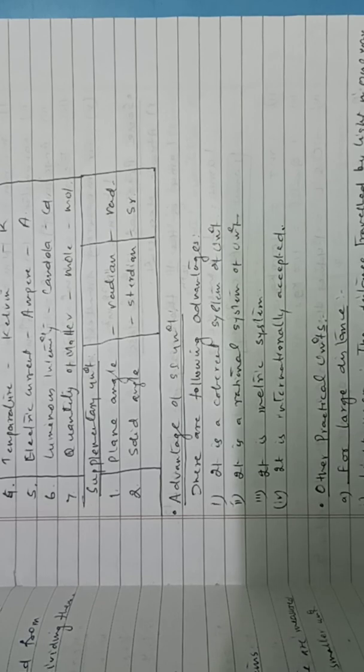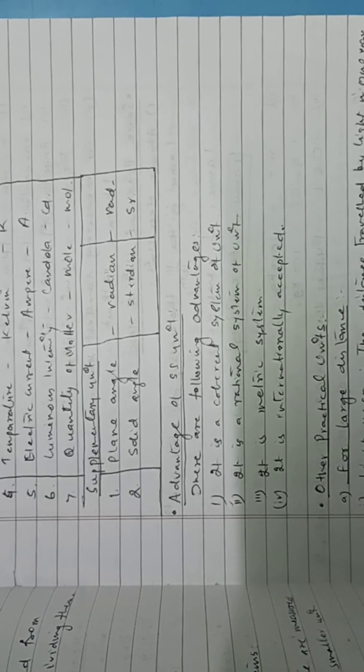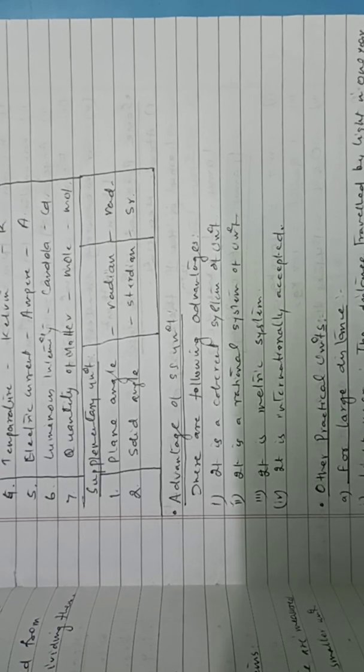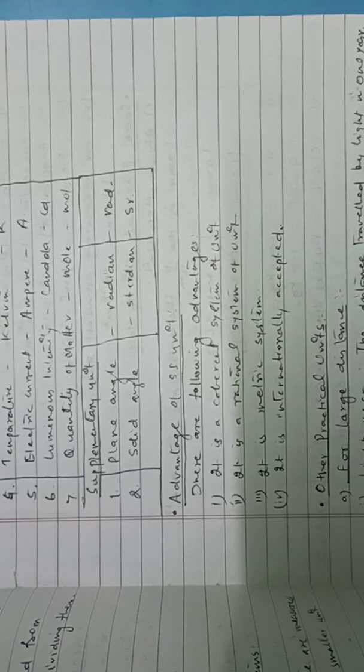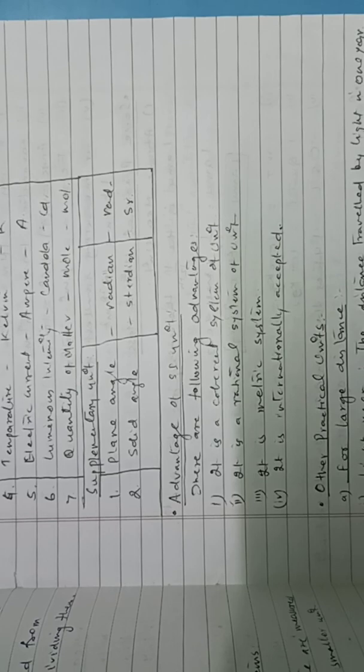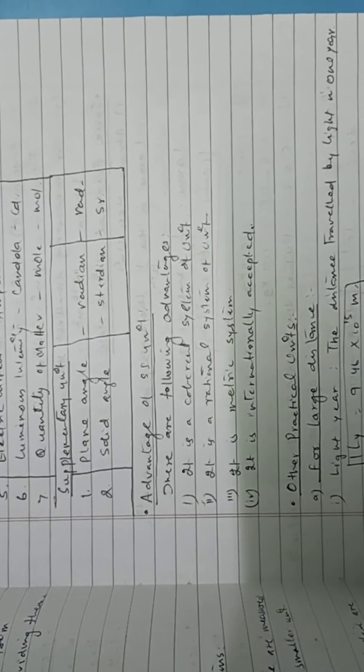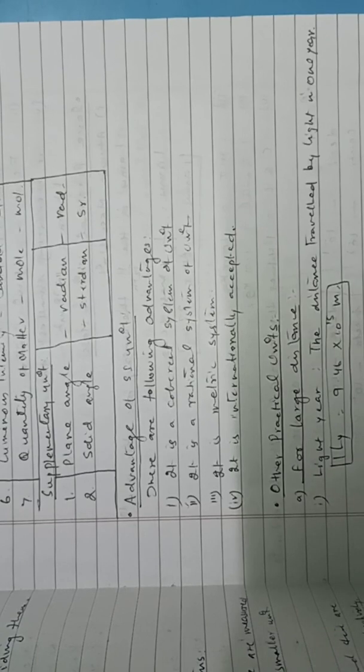For example, mass is measured in terms of kilogram, length, meter is represented as m, kilogram represented as kg, time is measured in second, and we write s, temperature Kelvin, we can write K, electric current ampere, and luminous intensity candela, and refer to cd, quantity of matter, mole, mol, and supplementary units are the plane angle measured in term of radian and solid angle measured in term of steradian.